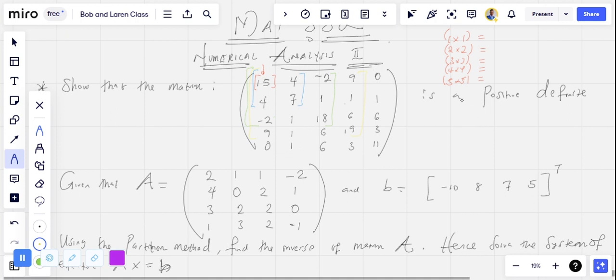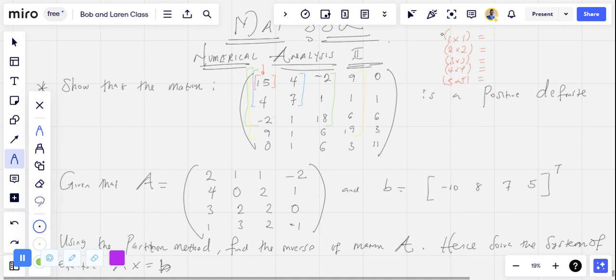So to now show that it is positive definite, under what condition is this matrix said to be positive definite? When you find the determinant of the 1 by 1 matrix, this 15, if you notice that the result is positive, then good.